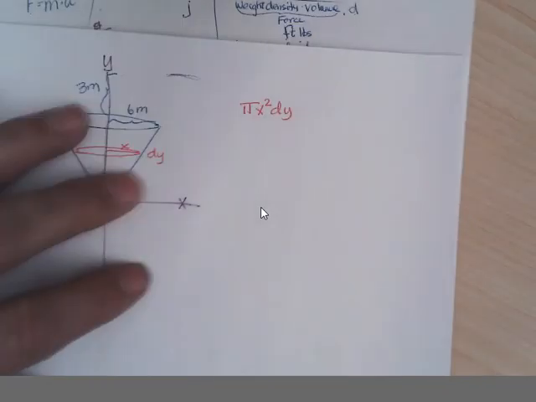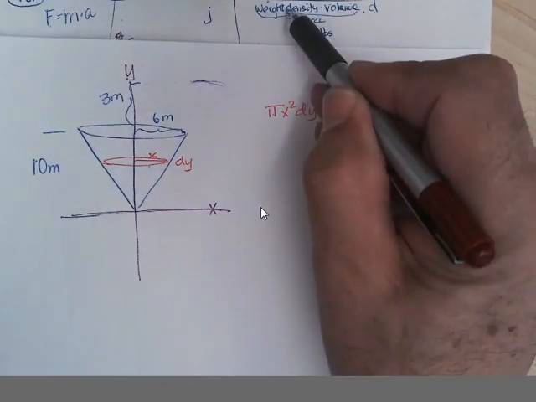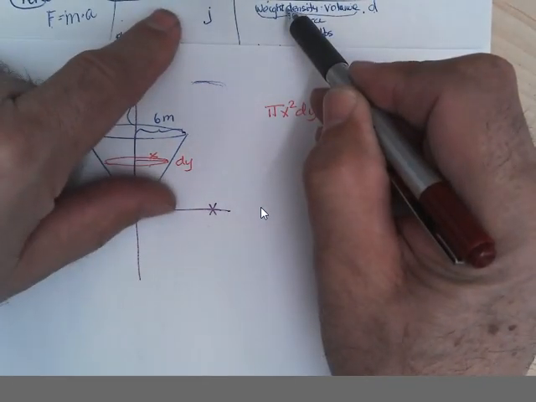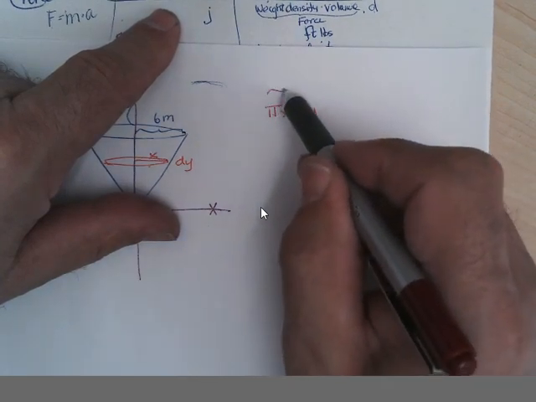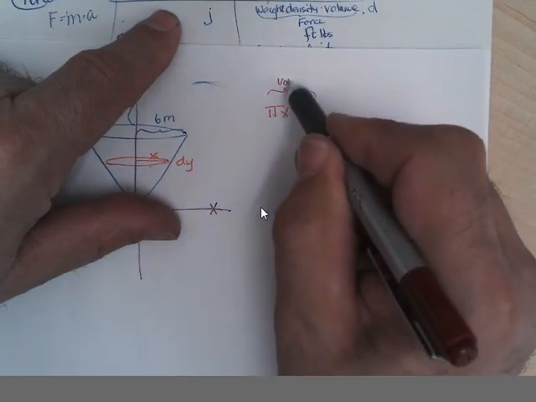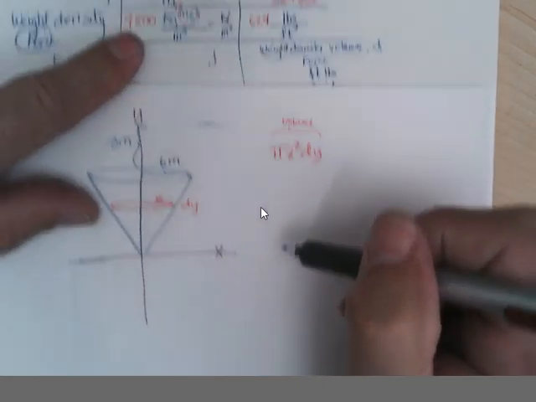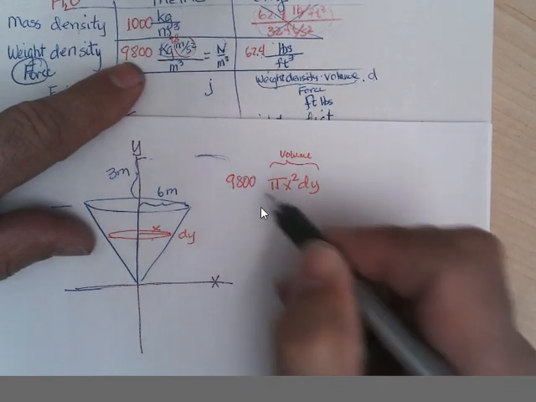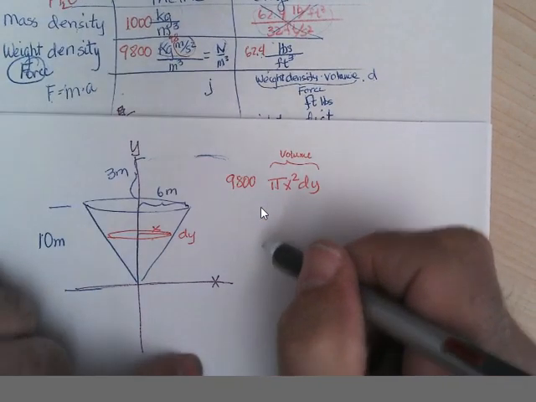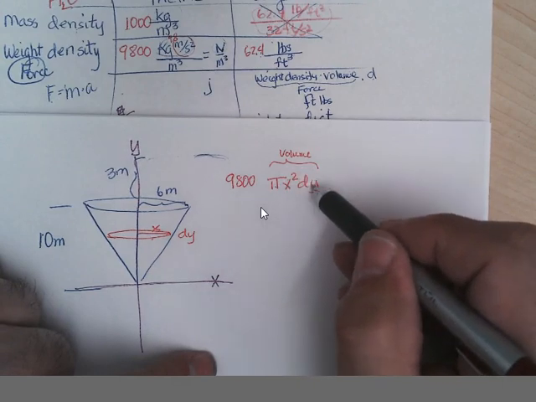And if you take volume times the weight density in the metric system, this is the volume, the weight density of water in the metric system is 9800 newtons per meter cubed. And this would be meters times meters times meters, meters cubed.